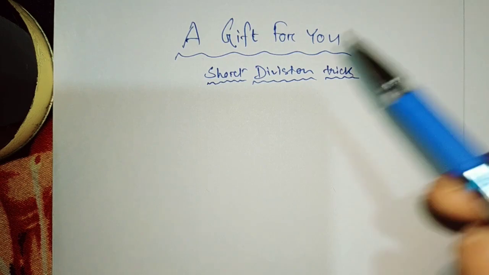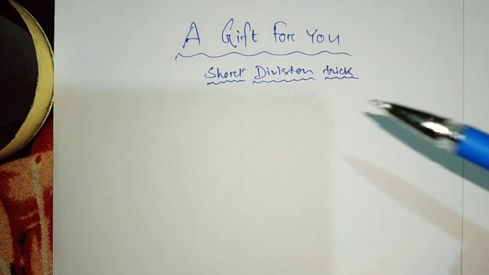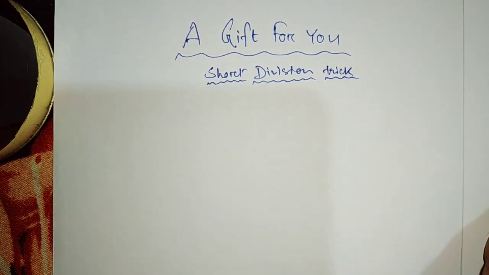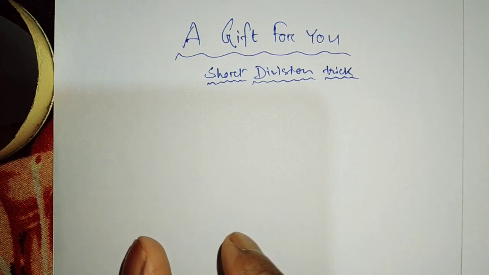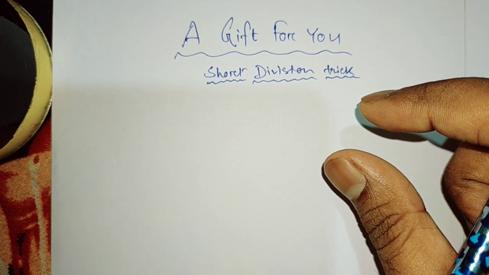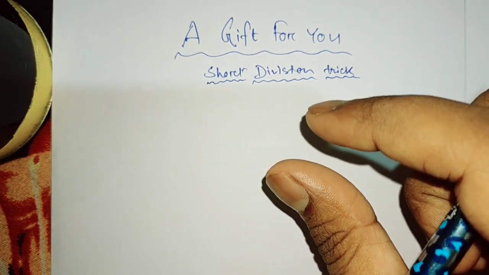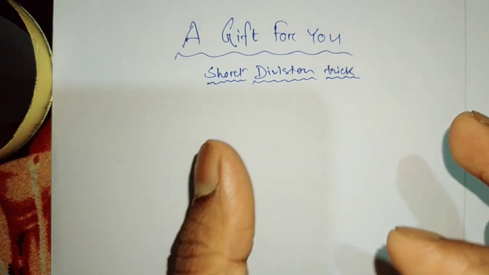yes, the short division trick. All the time we have been doing division in the long method, isn't it? It takes a lot of space. But what if I tell you that you can do division in only one line or two lines at most? In a small space only, you can perform the whole division, no matter how long the number given.